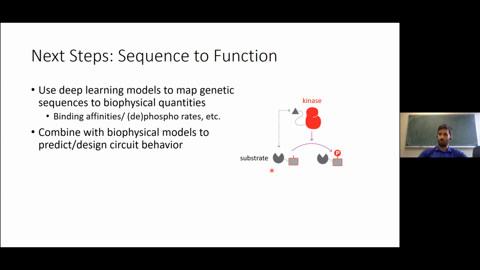This is a place where deep learning models could really make a big difference: you use deep learning models to predict different biophysical parameters from sequence data, and then use these biophysical quantities to make predictions with biophysical models. And so you can really see how you can combine these learning models with biophysical models.